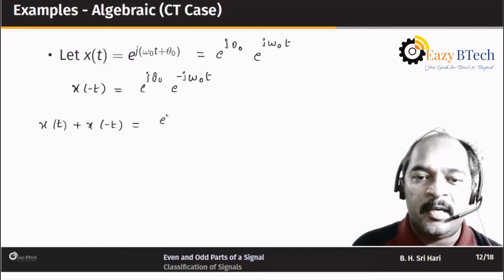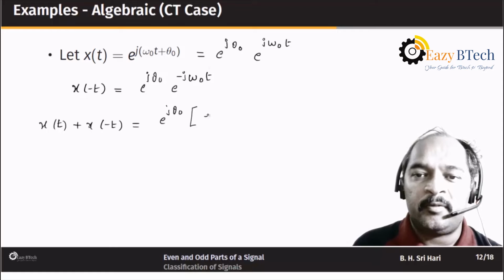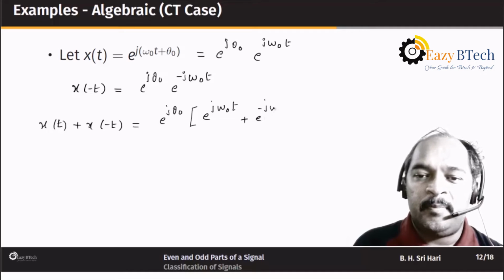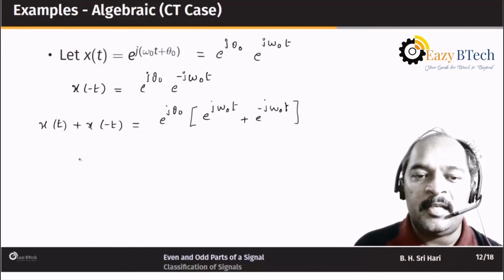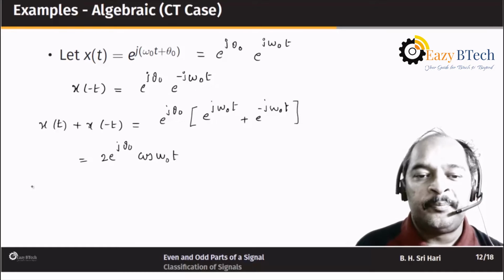So that should be equal to e power j theta naught, which is common for both of them. So you get e power j theta naught multiplied with e power j omega naught t plus e power minus j omega naught t. This simplifies to 2 e power j theta naught cos omega naught t.